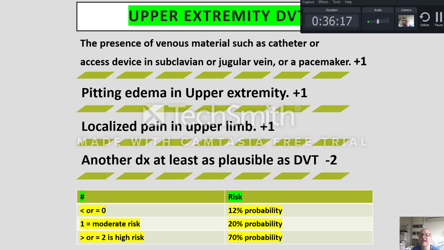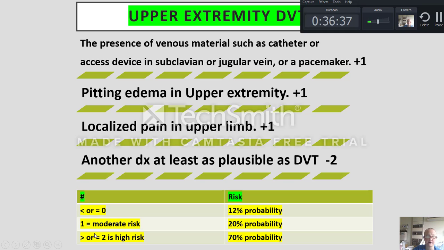Upper extremity DVT. The presence of venous material such as a catheter or access device in the subclavian or jugular vein or a pacemaker is a +1.